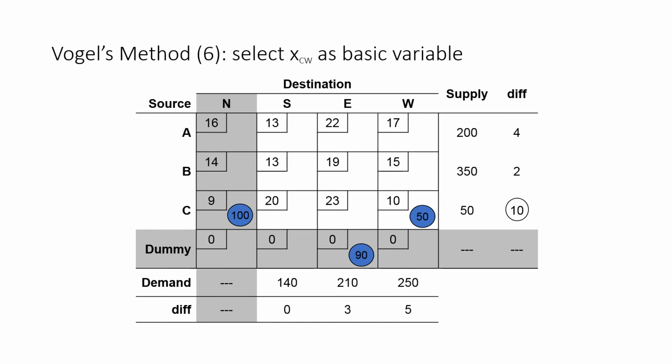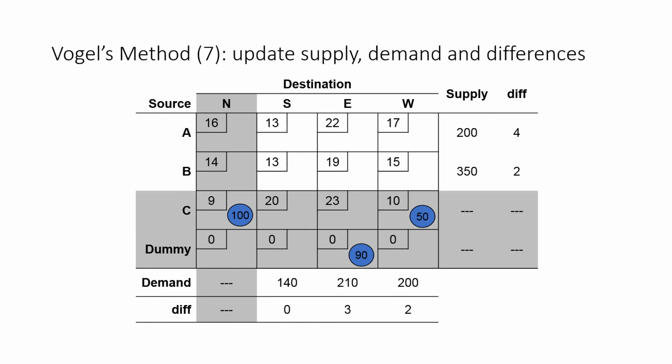I update the differences. I remove the satisfied column. This means this will go away. The third row will go away, and then I will update again the differences, and I will go with the largest difference.